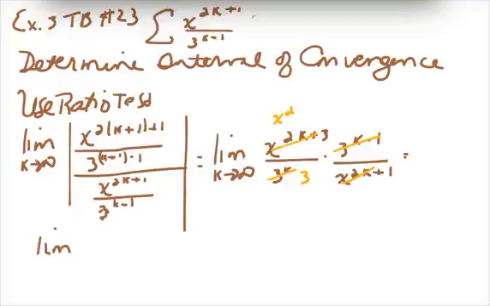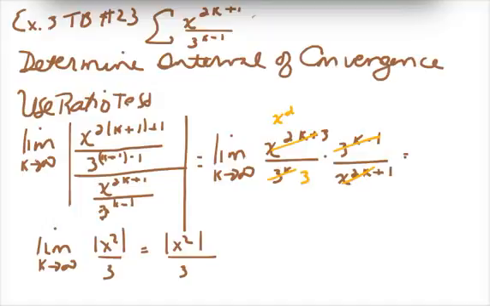Let's rewrite the limit. So this becomes the limit as k goes to infinity of x squared over 3. And there's nothing with k there, so this limit is essentially the absolute value of x squared over 3, which you can drop because you're squaring it.